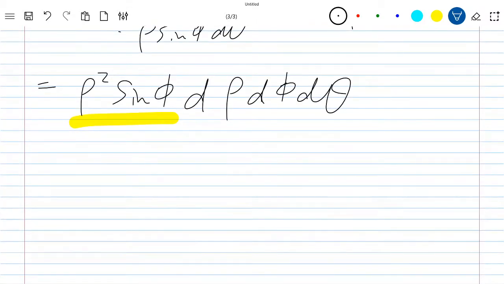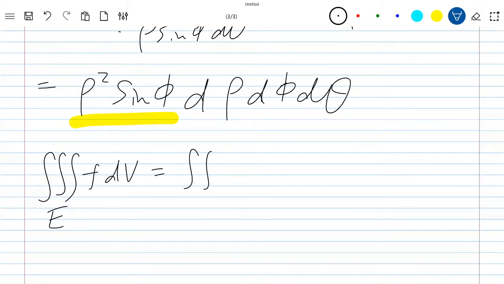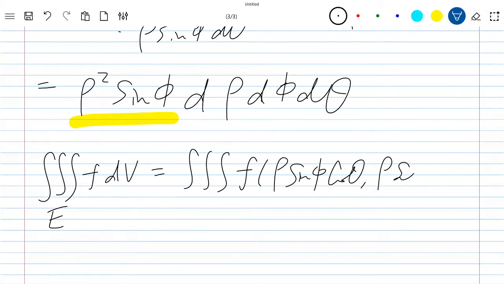Alright, now let's see the integral. And of course, you need to write down the range in terms of rho, theta, phi. But let's worry about that later. Now you need to write down f as a function of x, y, z. Let's recall that x equals rho sine phi cosine theta, y equals rho sine phi sine theta, and z equals rho cosine phi.